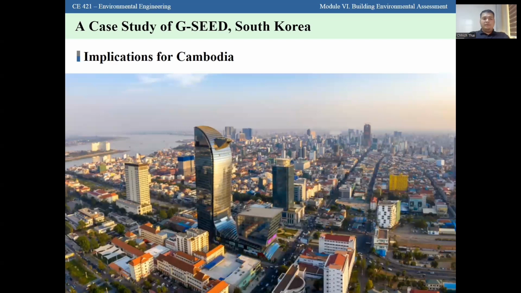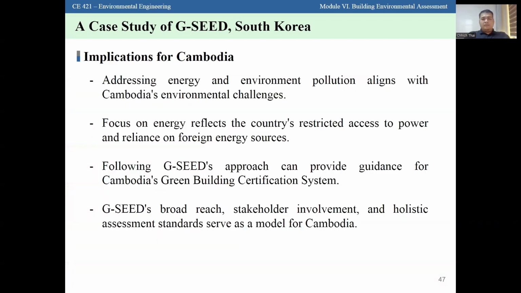So moving on to the implication for Cambodia. For Cambodia, we can use this standard to address energy and environmental pollution, aligned with Cambodia's environmental challenges that focus on energy, as Cambodia has restricted access to power and mainly relies on foreign energy sources from neighboring countries.